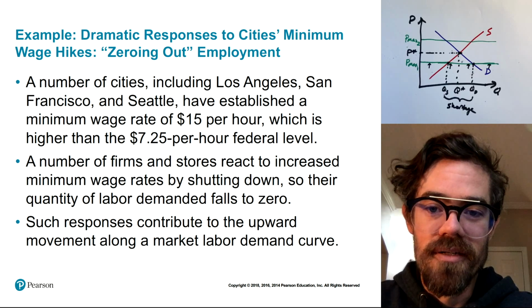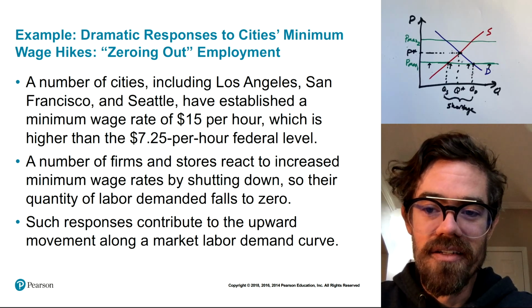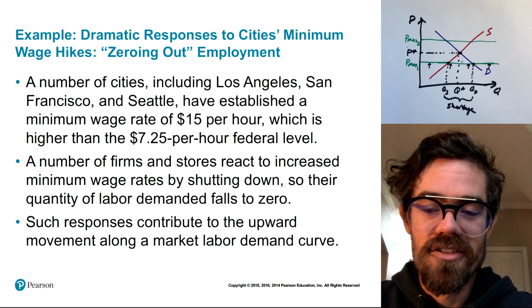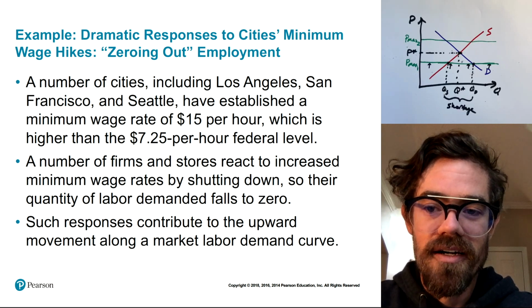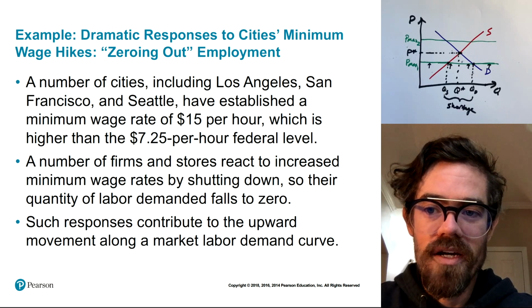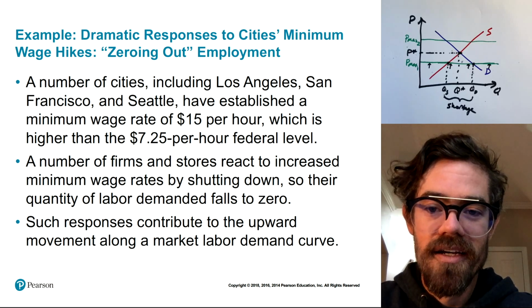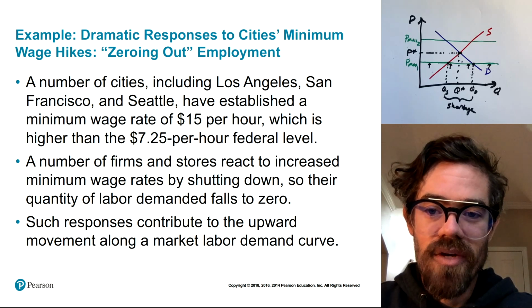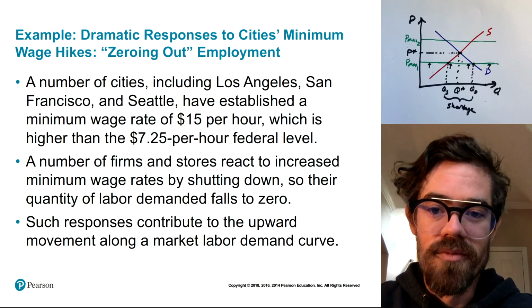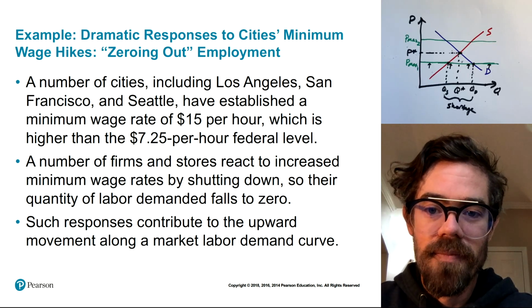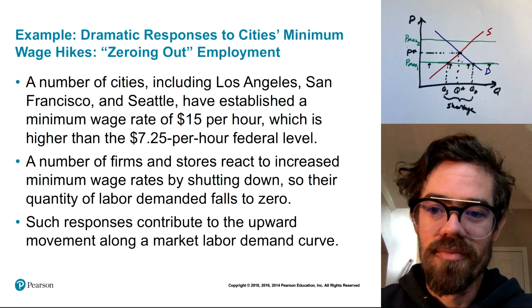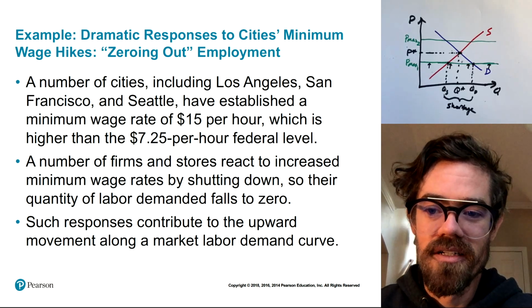So again, this is another negative consequence, at least in terms of employment, coming from this increased minimum wage. Those are jobs that used to be performed by people, and people used to get paid for it. Now those jobs are being performed by machines. These are the kind of problems that minimum wages can cause.